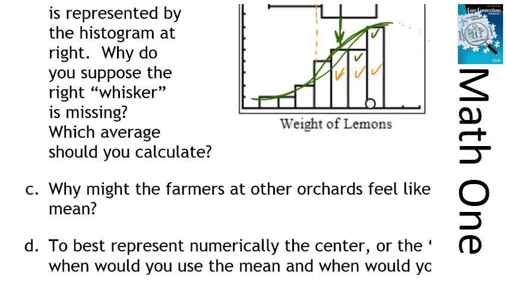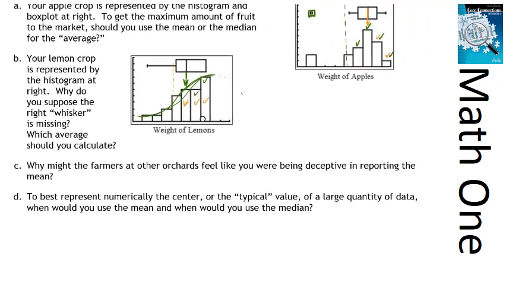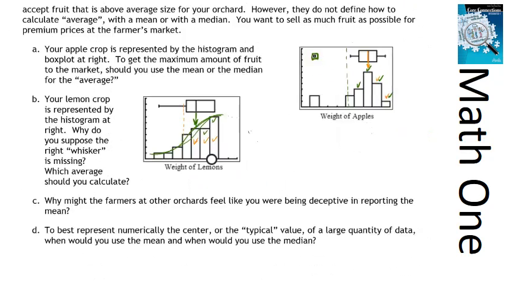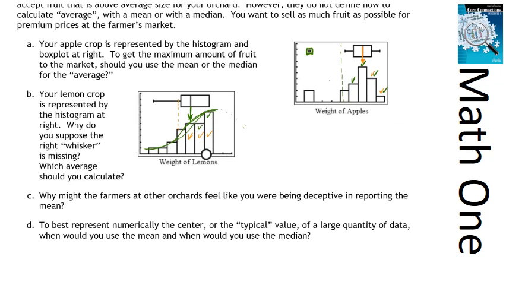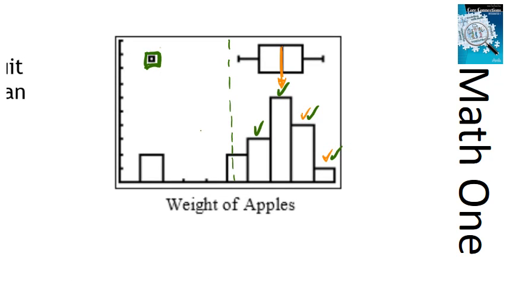Let's see. So for C, it says, why might the farmer at the orchards feel like you were being deceptive in reporting the mean? Well, I have a feeling that, like we were saying, if your data set has some outliers, some values that are either particularly low or much higher than the bulk of your data, and I can see that nicely in this box plot, that these really are outliers.